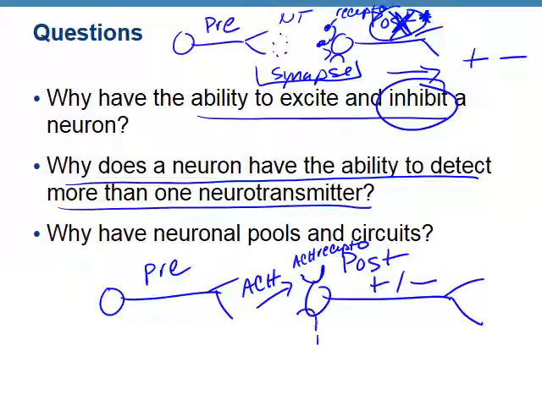So let's say over here I have a norepinephrine receptor. The acetylcholine is going to float by, but it's never going to bind. So why might we have more than one neurotransmitter to cause this postsynaptic neuron to do something? Well, because we might want to excite it or we might want to inhibit it. So we can also use different neurotransmitters in order to excite or inhibit the postsynaptic neuron.